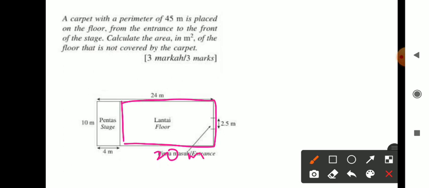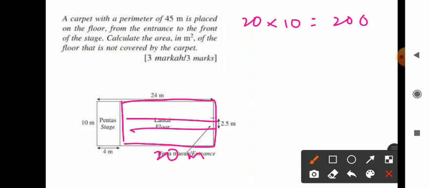So area of the floor is 20 times 10. We have 200. Then the area of the carpet. Why I erase off my carpet? Tadi 20 sini, 2.5. So the area of your carpet is 20 times 2.5. 50 meters square only.